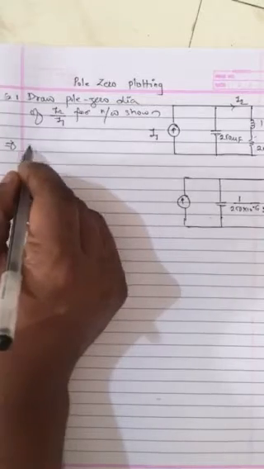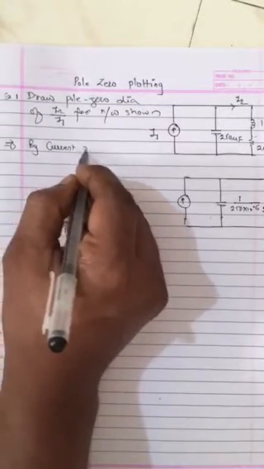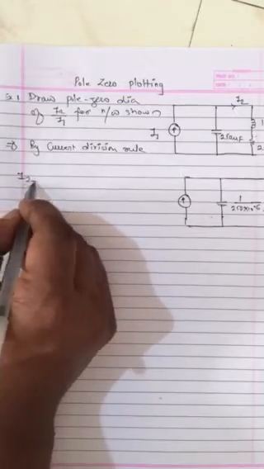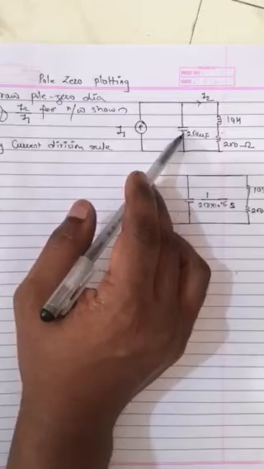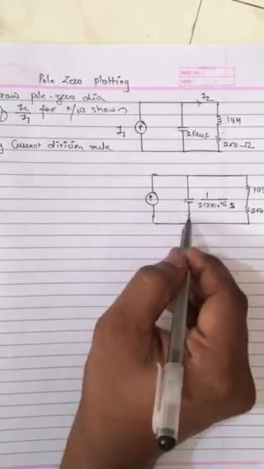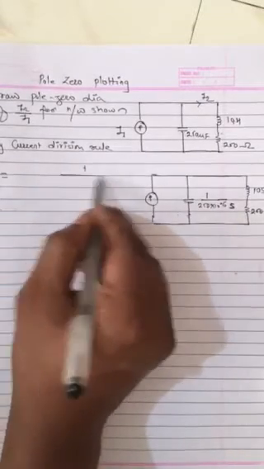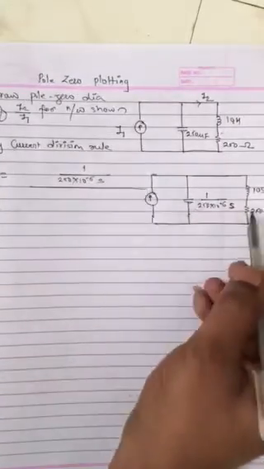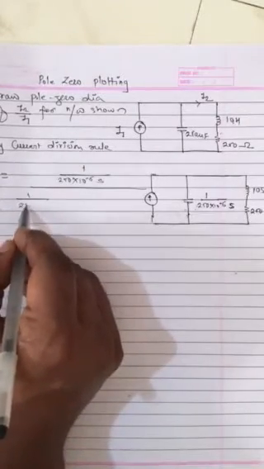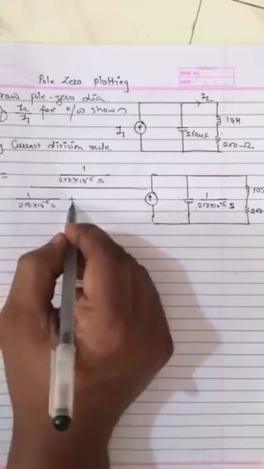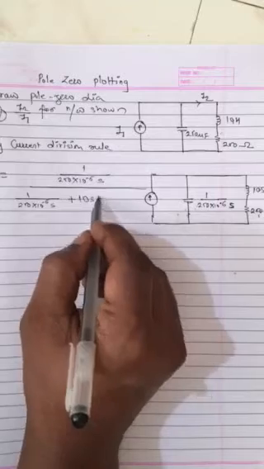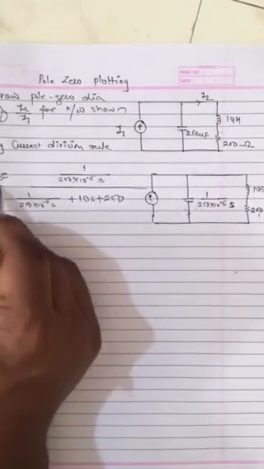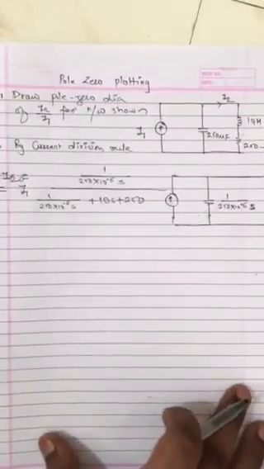So by current division rule, I can write I2 as the impedance in the opposite branch, that is 1 upon 250 into 10 raised to minus 6 S, divided by the addition of impedances in both branches, that is 1 upon 250 into 10 raised to minus 6 S plus 10S plus 250, multiplied by the main current I1. This is how I have written the equation.